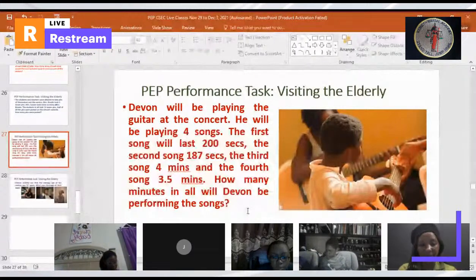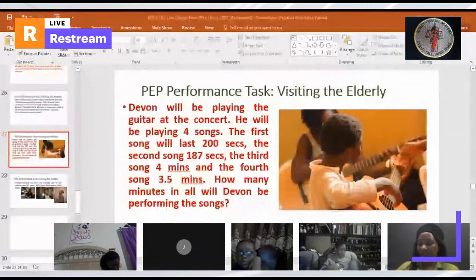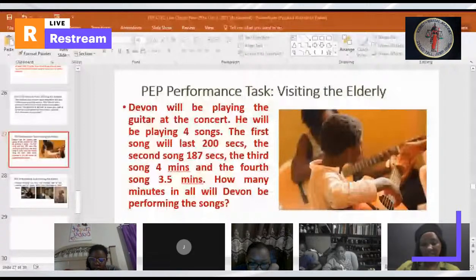But Jordan is saying he got 13 minutes and 57 seconds. And Amari and John are saying the same thing, but I got 13 and 47 seconds.